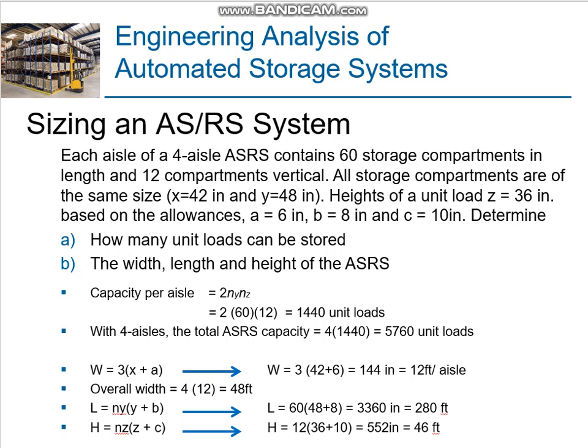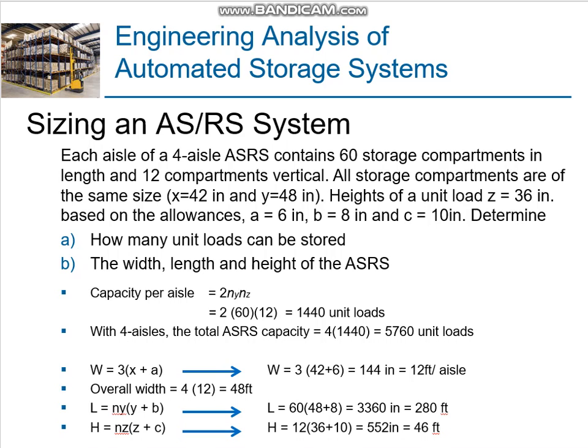So here we can determine the capacity per aisle is equal to 2 times 60 times 12, which corresponds to the 60 storage compartments in length and 12 compartments in vertical. So for both sides, we will have a total of 1,440 unit loads.